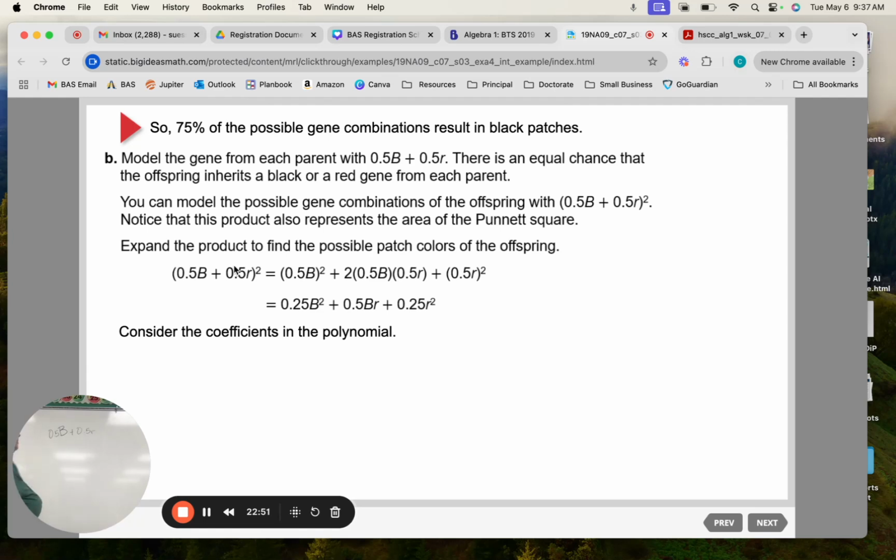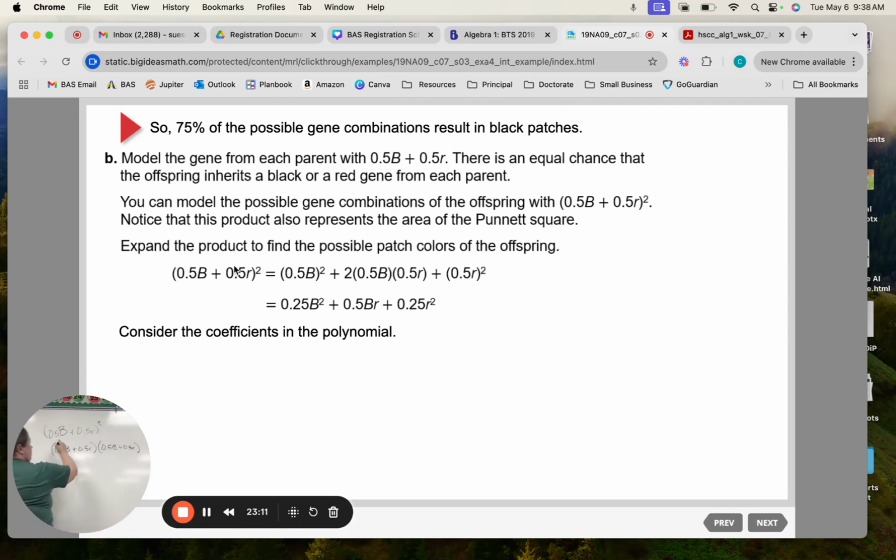Okay? So then if I were to write this, I would have 0.5B plus 0.5R. Oh, because this was squared. Forgot to write that. And then again, 0.5B plus 0.5R.